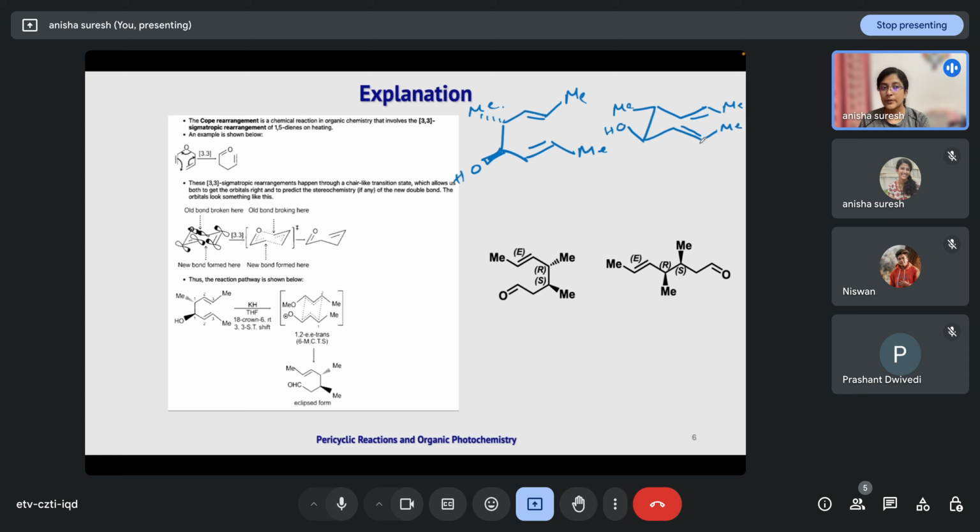Now we will carry out the 3,3 sigmatropic rearrangement. So the numbering will be like 3, 2, 1, 3, 2, 1, and the arrow pushing we can draw like this.